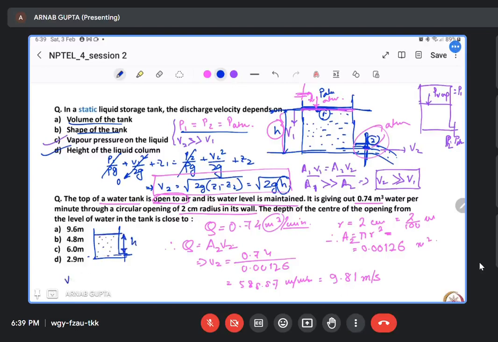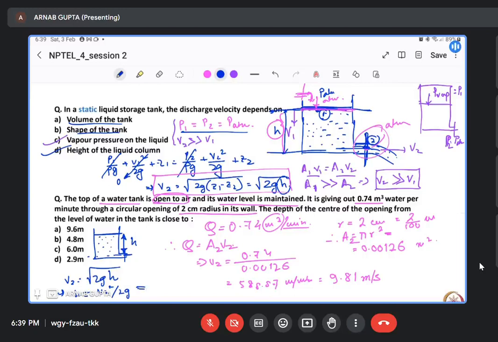So we know that V2 is equal to root over of 2GH. So V2 square will be basically 2GH. So we will be having H is equal to V2 square by 2G. G is nothing but 9.81. So you can cancel that out.